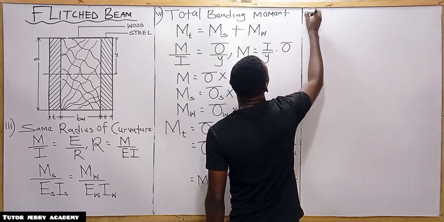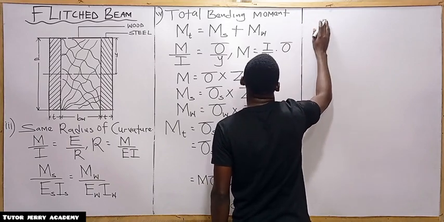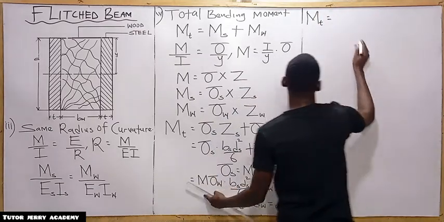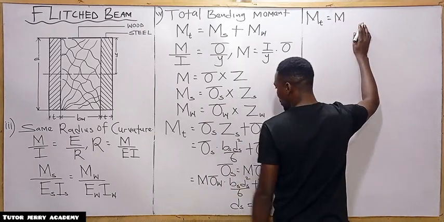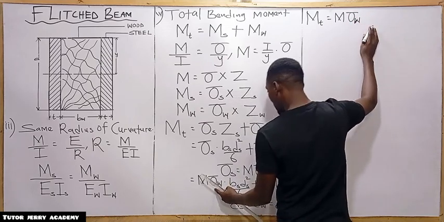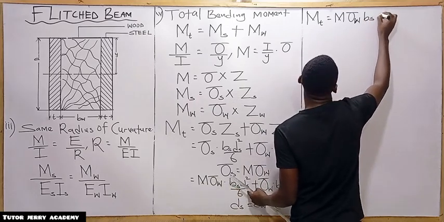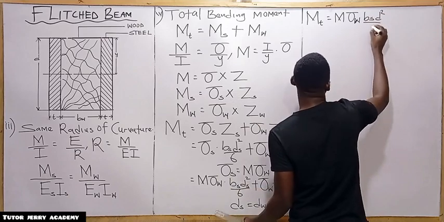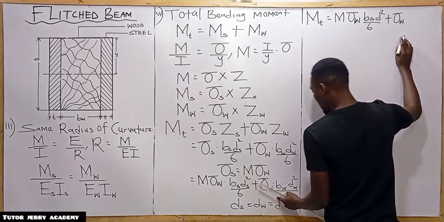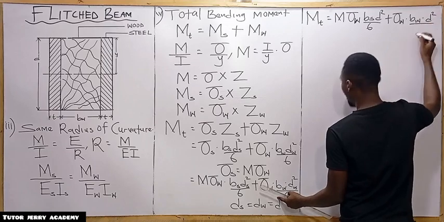So we can say that our total bending moment, or you can call it the moment of resistance, will be equal to M, that is the modular ratio, multiplied by the stress of the wood, then multiplied by the base, then multiplied by D squared over 6, plus the stress of the wood, and then multiplied by the base of the wood, then D squared, everything over 6.